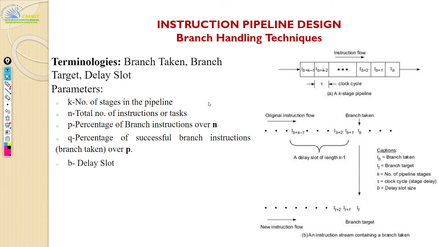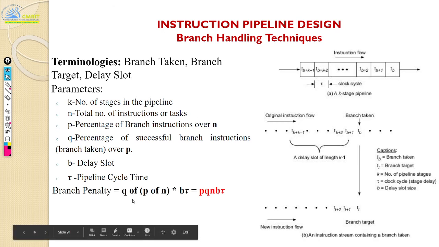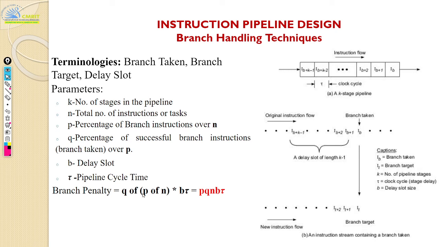So that is your Q, and let B be the delay slot and tau the pipeline cycle time. Then your branch penalty is given by q times p times n. Here p times n is the number of your branch instructions, and q of this is, like I told you, 50% of the 10%.